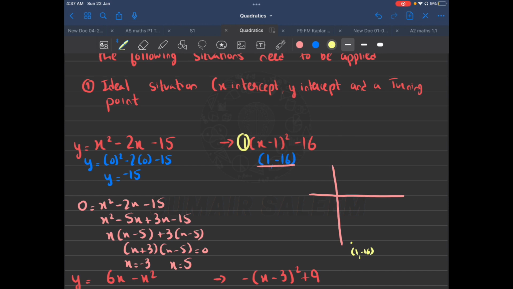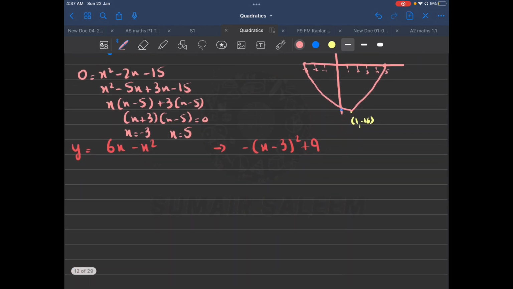My y-intercept was minus 15. That's going to lie somewhat here. My x-intercepts were minus 3 and 5. So now let's sketch the graph. Here we go and here we go. Do you get this?